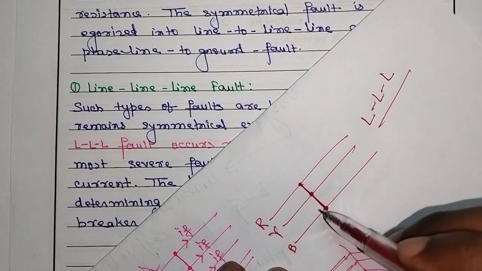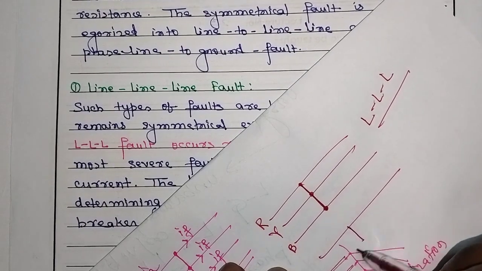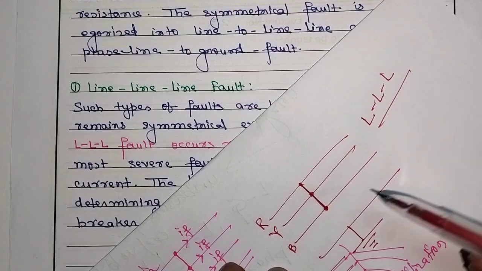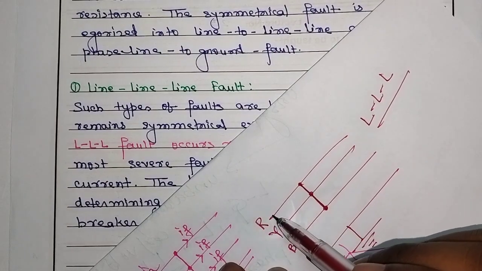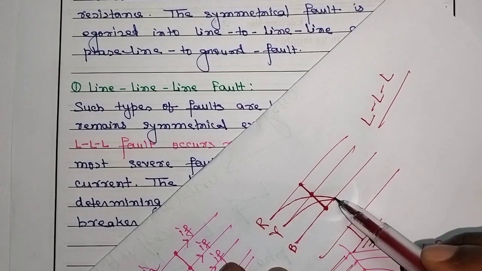The fault can happen, but it is not grounded in this type of fault. Let us suppose the fault occurs and the three of them have been attached to this point.